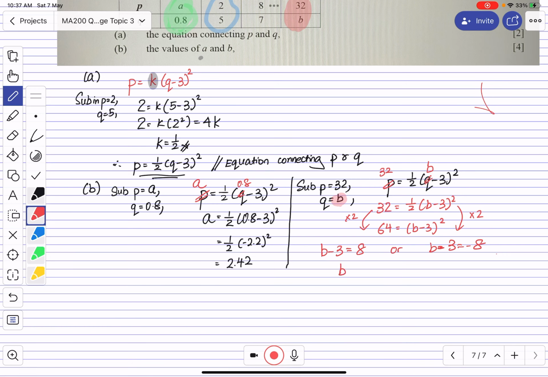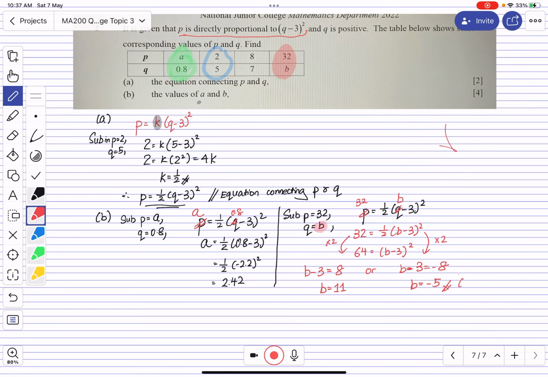This gives me B equals 11 or B equals negative 5, which we have to reject, since we want Q to be positive, which means B has to be positive. So let me put a quick REJ here. My final answer is that B equals 11.